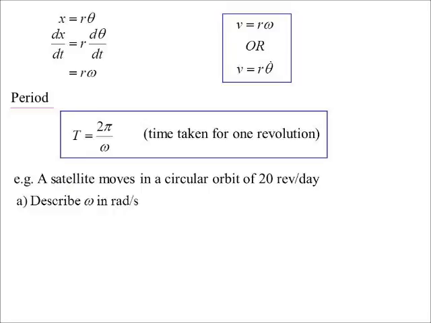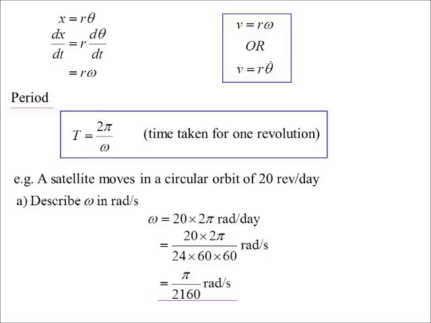All right, let's do a quick example here. A satellite is moving in a circular orbit. It travels around the planet Earth, by the way, at 20 revolutions per day. How fast is that in radians per second? Well, one revolution would be 2 pi radians, so 20 times 2 pi gives me 40 pi radians per day, but we want per second, so divided by 24 times 60 times 60, and we get pi on 2,160 radians per second.